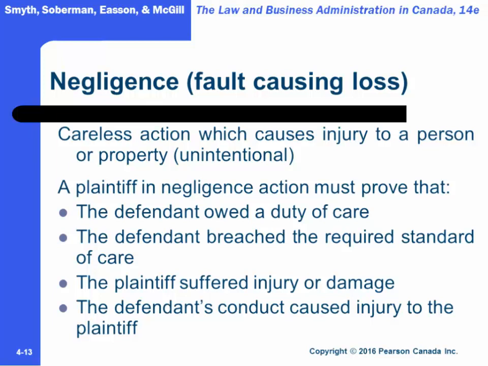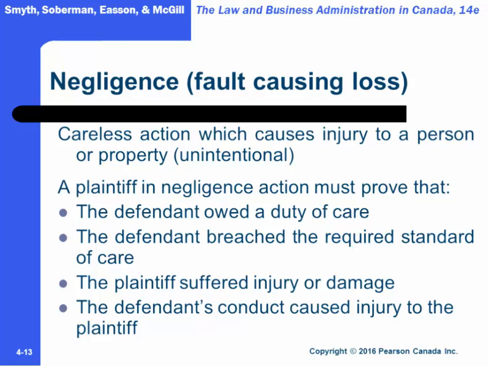The second element is the second long dash in the fourth line. Did the defendant's conduct fall below the standard of behavior required under the circumstances? We will look at that. And then it says in the last two lines that the third and fourth elements involve what harm was suffered and whether the defendant's conduct caused the plaintiff's injury. And we will, in a very logical and methodical way, explore all of those questions.